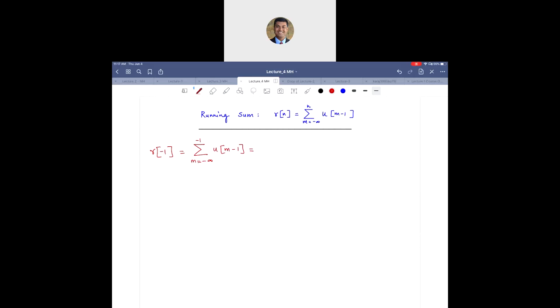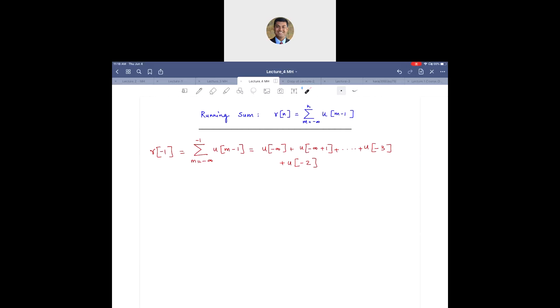As I sum m from -infinity to -1, I have u of -infinity plus u of -infinity plus 1 plus, and so on, plus what? U of -3 plus u of -2. And that's it. I need to stop there. Because the highest I can go is -1, and -1 minus 1 is -2.